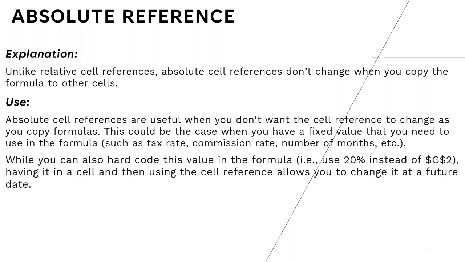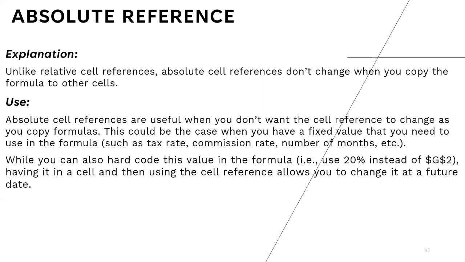While you can also hard code this value in the formula, that is use 20% instead of the cell reference, having it in the cell and then using the cell reference allows you to change it at a future date. So one may say that instead of referring to a particular cell for the tax rate or the commission rate or the number of months, why can we not put that value itself in the formula?